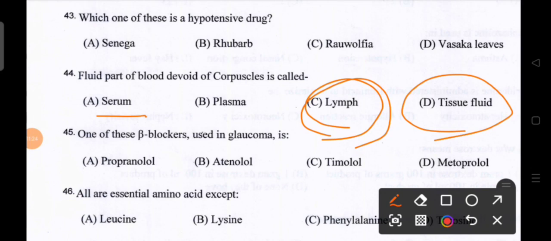Tissue fluids are the fluid which passes between the tissues or present inside the tissues. So remaining one is plasma. So plasma is the fluid part of blood devoid of blood corpuscles. So correct answer will be B, plasma.